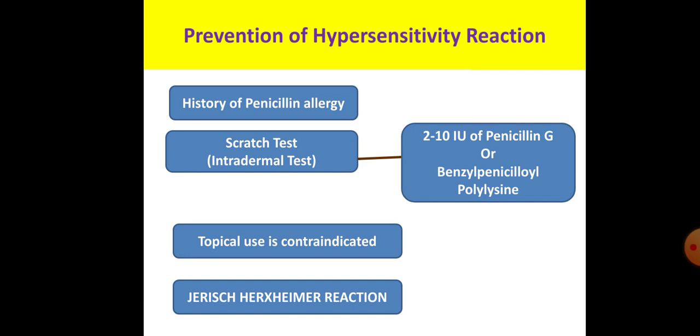It means that penicillin starts acting, the microorganisms are being killed, and because of the release of spirochete lytic products, these reactions occur. It is a self-limiting condition. At the most you can give some antipyretics, and this reaction is known as the Herxheimer reaction.